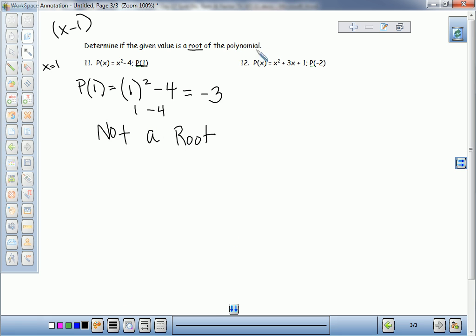And the reason it's not a root, we know it's a root when it equals 0, just like the remainder being 0. This is called the remainder theorem. It's kind of a shortcut to finding the remainder. So if you take this root and plug it in, if you get out 0, then it is a root. If you get out anything else, it is not a root. Okay? Now, I want you to try p of negative 2.